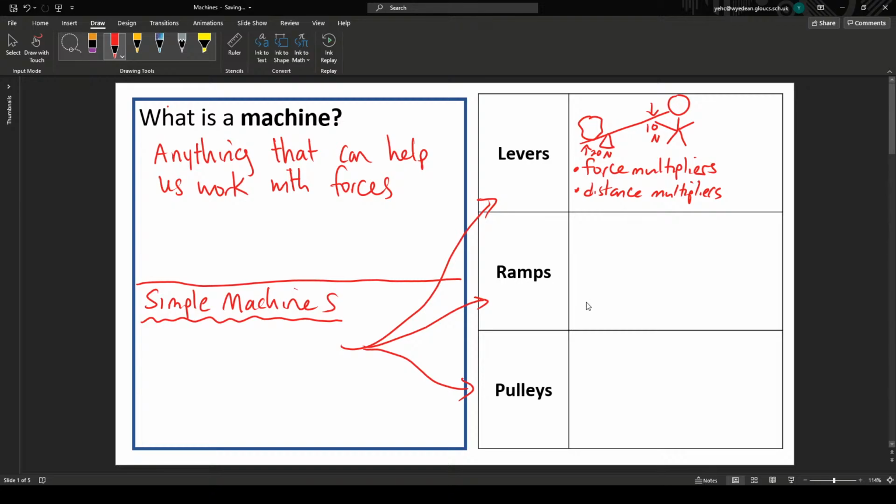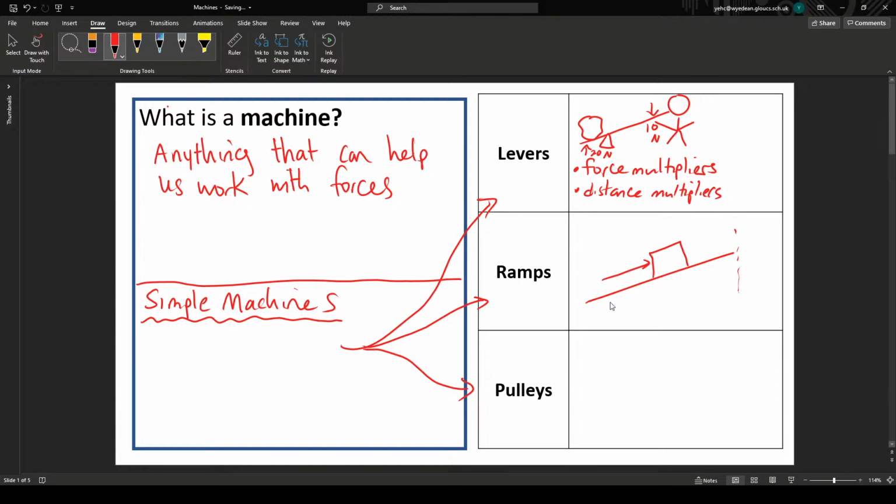Now with ramps, let's say that we had something super heavy that we were trying to push up. If we were to just lift it up, we're trying to lift this thing's full weight. But with a ramp, we end up needing to use a lot less force in order to push it up to the same height.